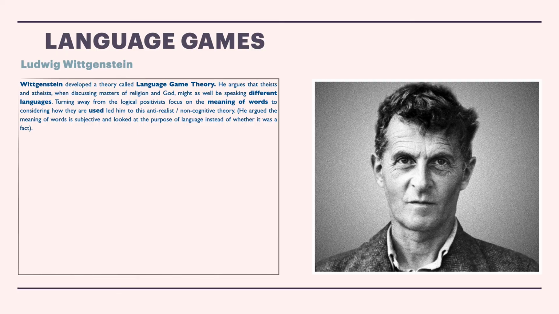He turned away from the logical positivists' focus on the meaning of words, and he considered more how the words are used. And this led him to develop an anti-realist, non-cognitive theory. Language game theory is anti-realist because he argues the meaning of words is subjective. And it's non-cognitive because he looks at the purpose of language instead of whether it was a fact.